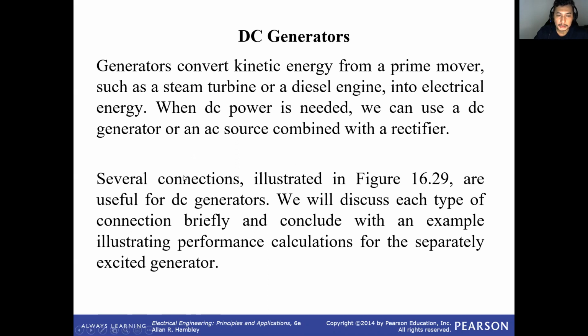So, several connections of the DC generator are illustrated in figure 16.29, which I will show in this slide. But for this syllabus, we will only discuss one DC generator, which is the separately excited DC generator.